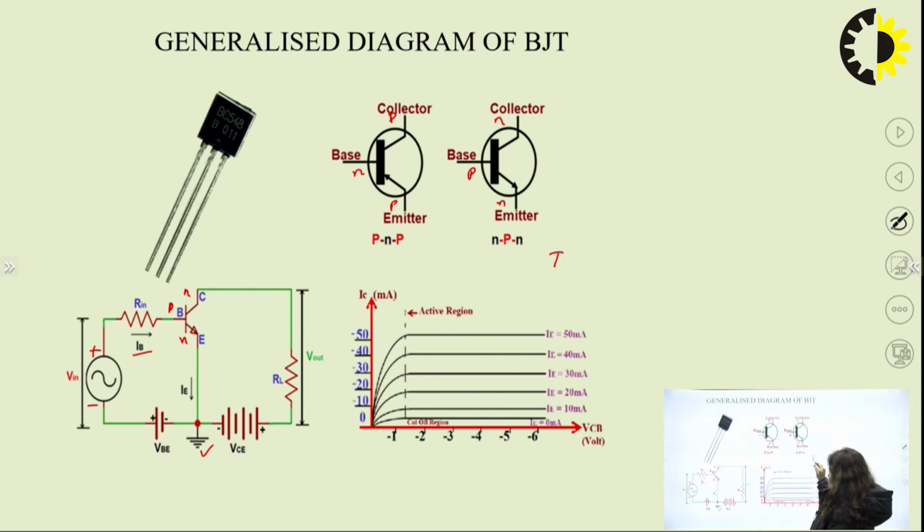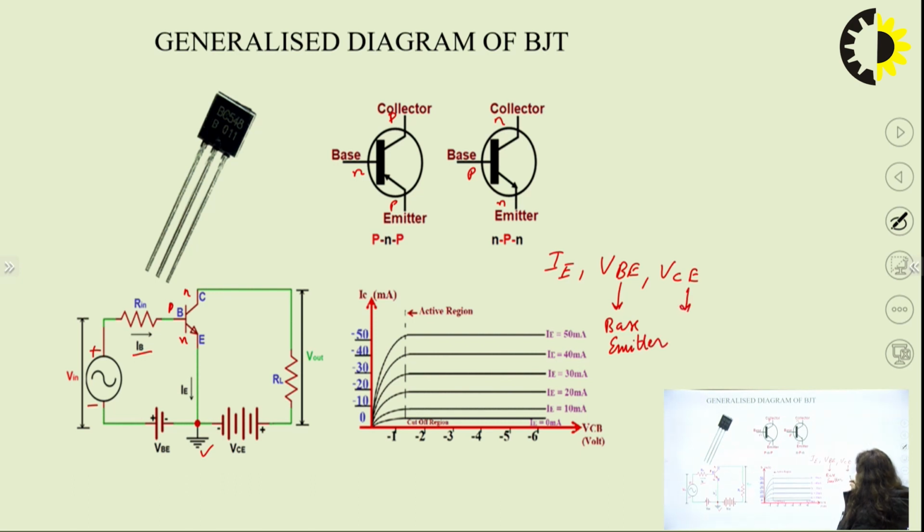IE flows because we have connected the emitter to the ground. VBE is the voltage source for the base-emitter junction, and VCE is the voltage source for the collector-emitter, and the input voltage is Vin and the output voltage is Vout.